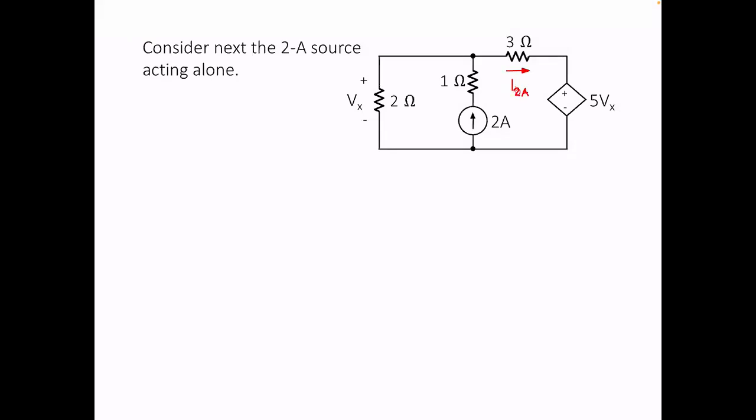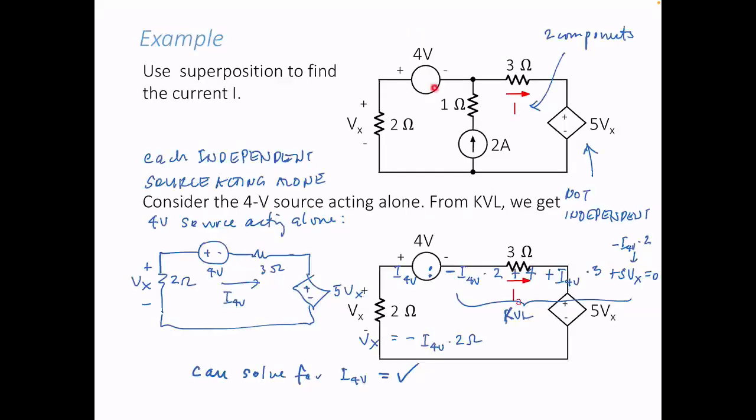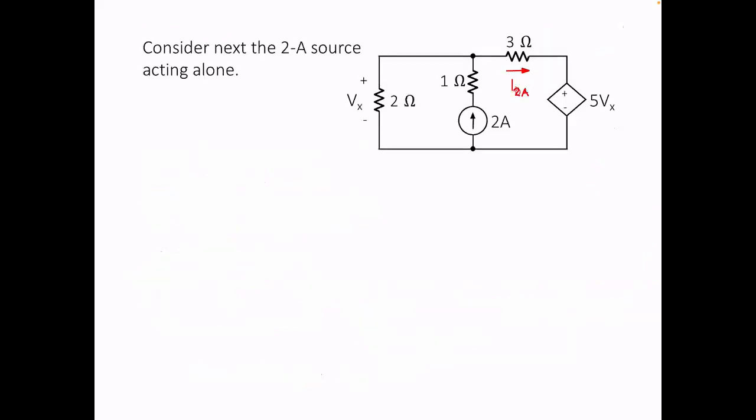Okay, so if this is acting alone, what we did was we shorted out the 4 volt. No? Okay, what you can do is you can do KCL here. Right?